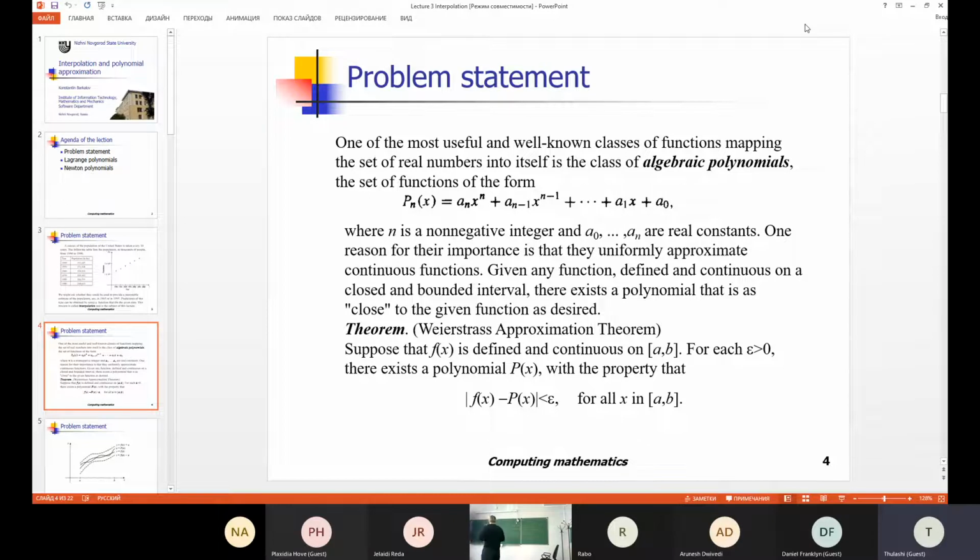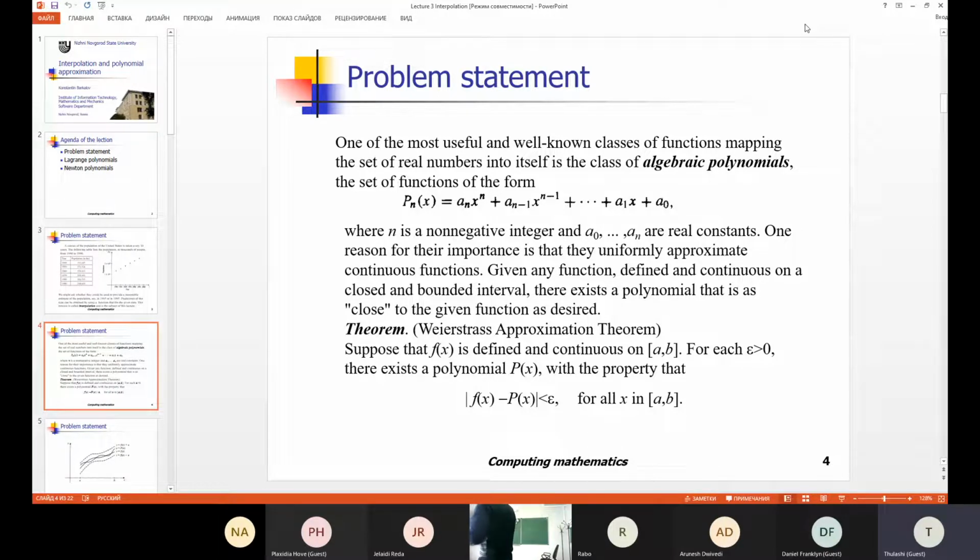But if you tell me some interval, from this point up to this point, then on this interval I can tell you a polynomial that will be very, very close to this function.